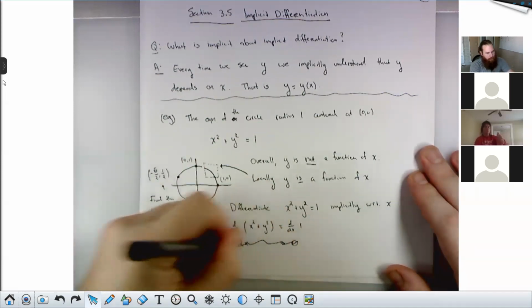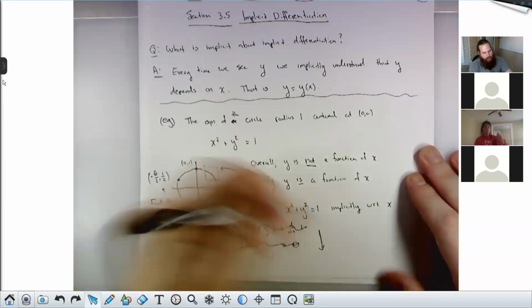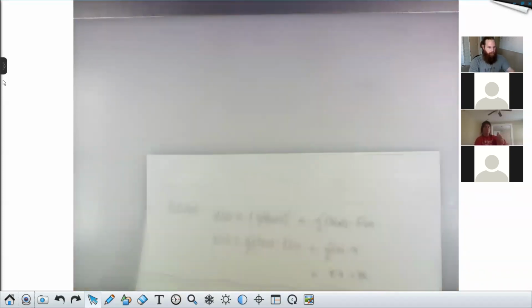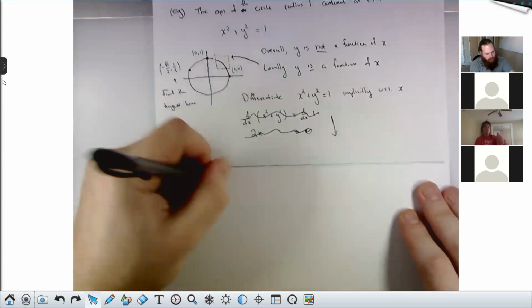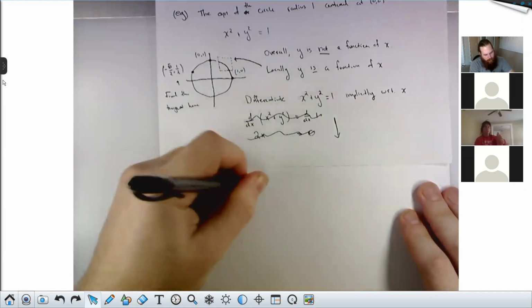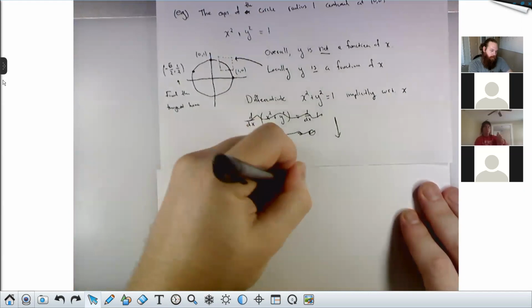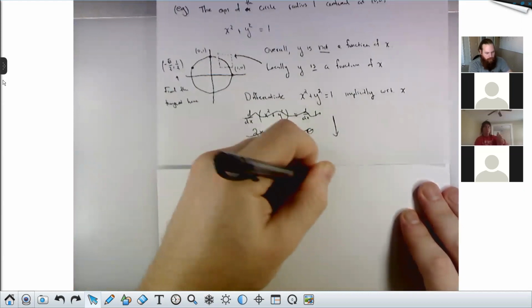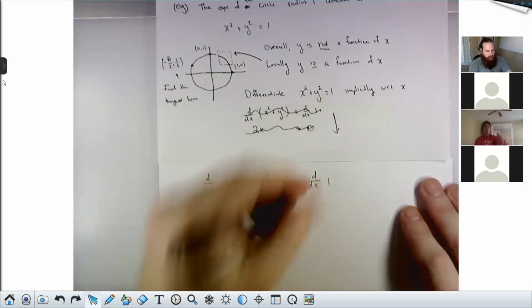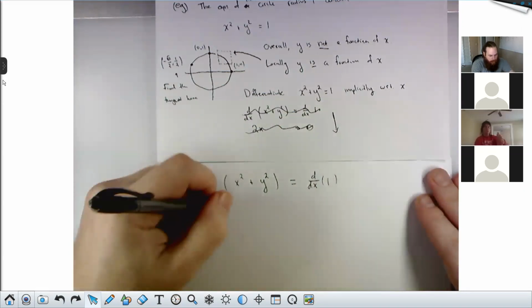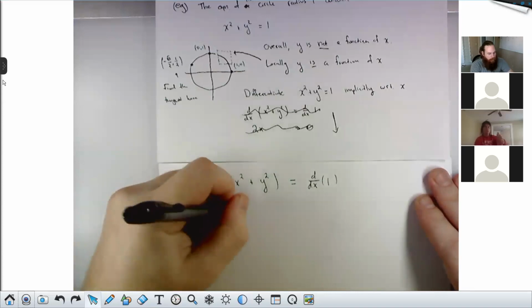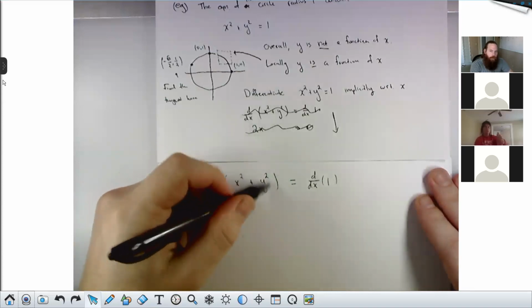Here, actually, let me take this to another page, so I have more room. So I want to differentiate on both sides the equation x squared plus y squared equals 1. That gives me d/dx of x squared plus y squared equals d/dx of 1. So I apply the differential operator d/dx to both sides of that equation. d/dx of x squared is 2x plus d/dx of y squared.